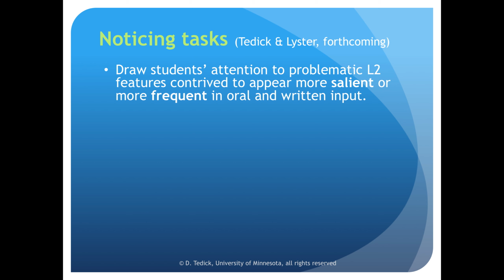All right, so noticing tasks then draw students' attention to problematic features, and these texts are contrived so that the features appear more salient or more frequent in oral and written input.